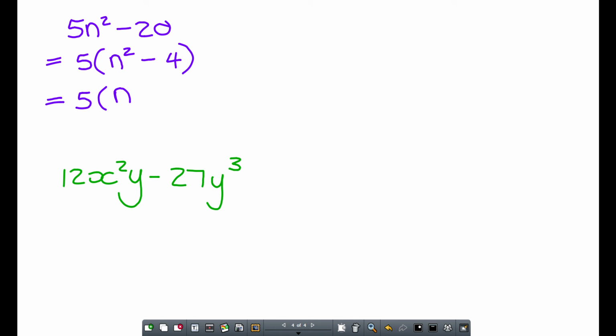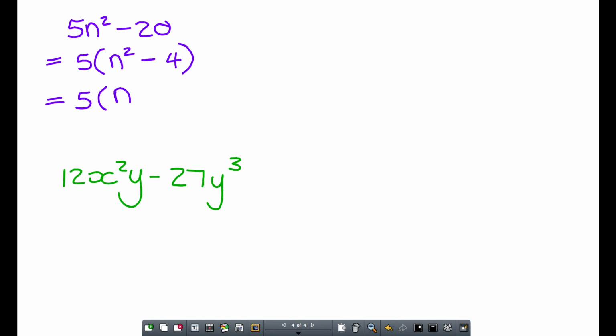But factorizing is the opposite of it. So when I ask you to factorize, I want you to get brackets. When I multiply in, I'm getting rid of brackets. That's not what we want. We want more brackets. So that's 5 we took out as a common factor.